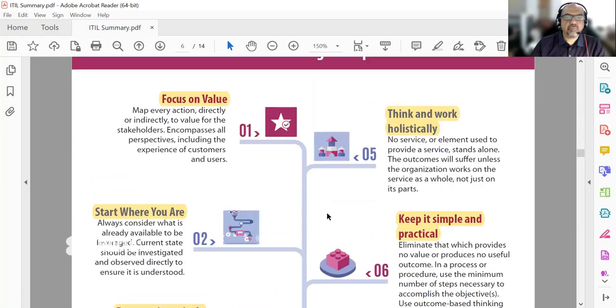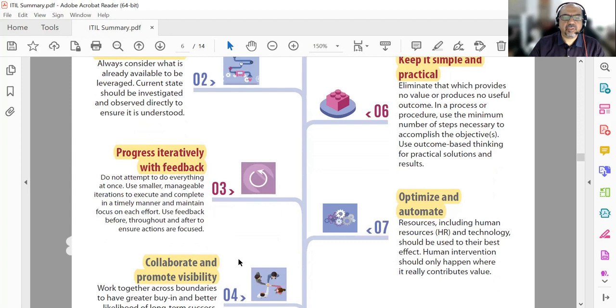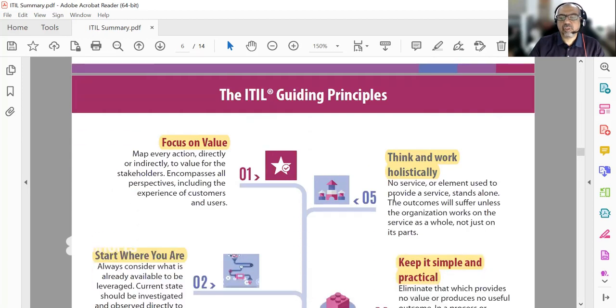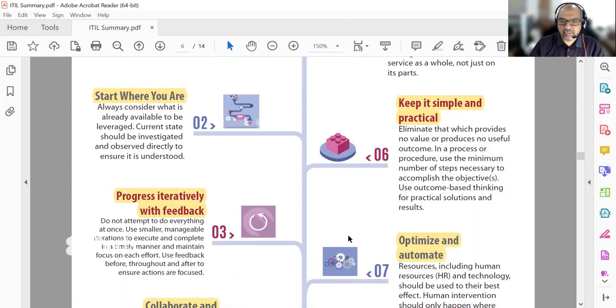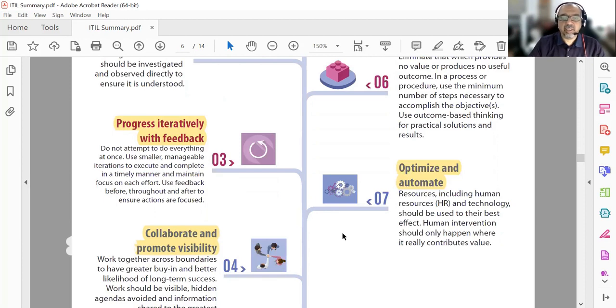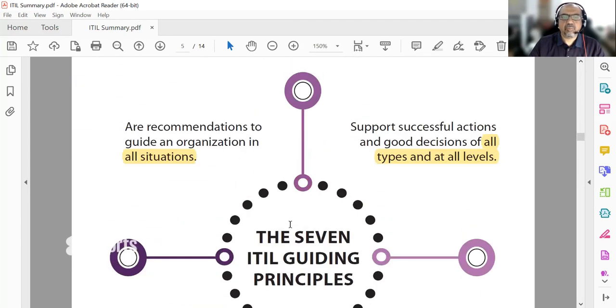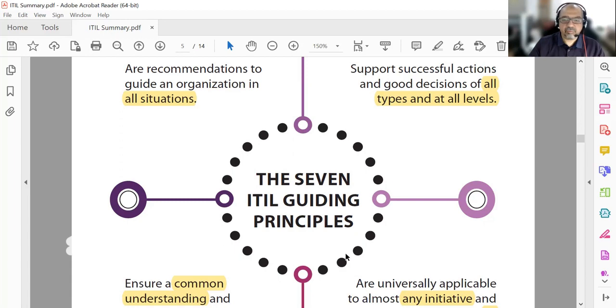So again, the 7 principles are: focus on value, start where you are, progress iteratively with feedback, collaborate and promote visibility, think and work holistically, keep it simple and practical, optimize and automate. When we apply these principles in every situation, you remember, in every situation, we apply the 7, or as much as we can, maybe 4, maybe 5, some.